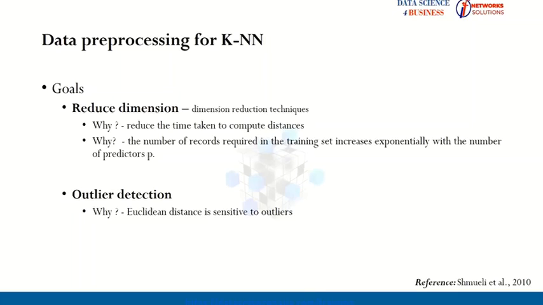I'm going to pick up another question to slow down a bit. Somebody is asking how many attributes are okay for KNN. Like we said, the more attributes, the more exponential and complicated the calculation.